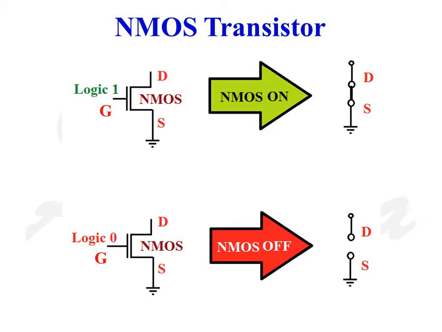When the gate of an NMOS transistor is at logic 0, the NMOS transistor is in the off condition, so current flow from drain to source is equal to 0. Or we can say that resistance between drain and source is equal to infinity, or drain and source are open.